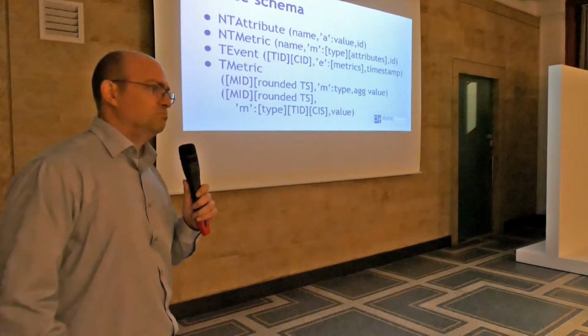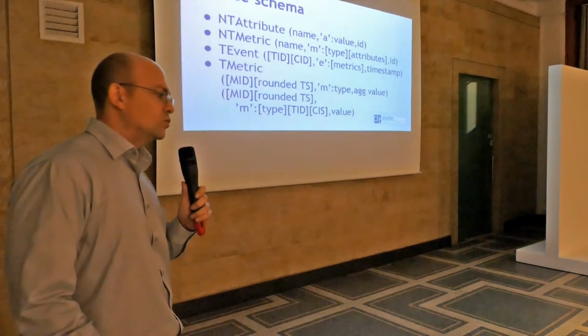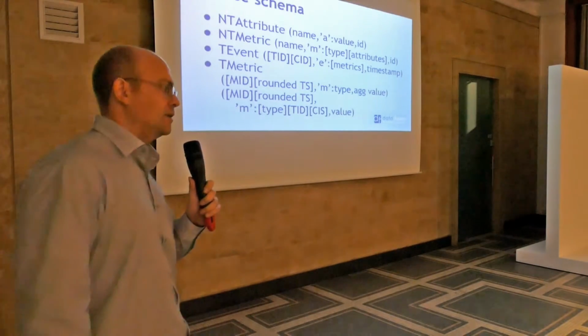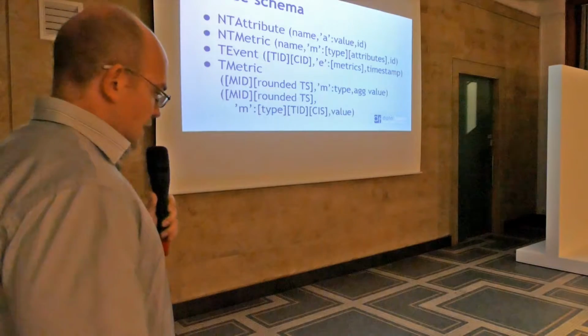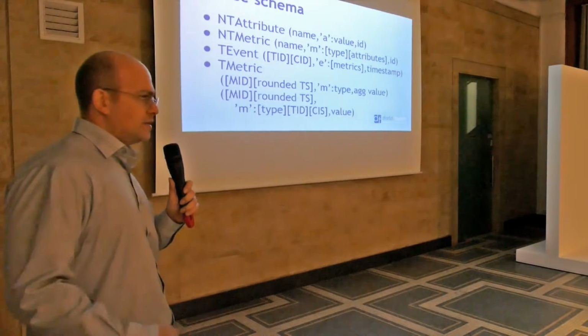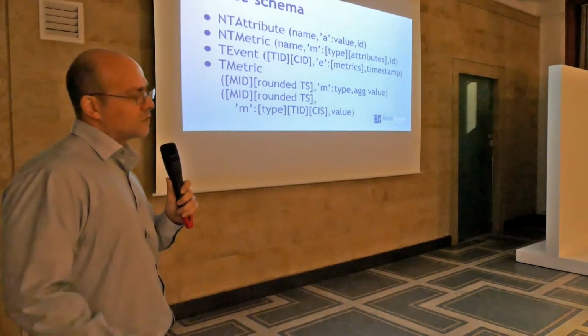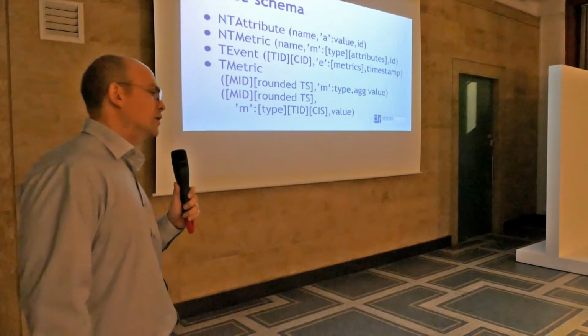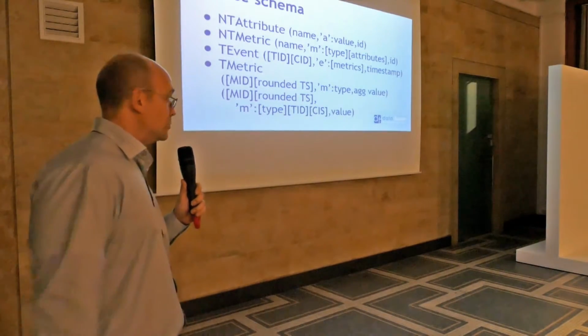So let me describe the schema. The schema is very important to the way you deal with your data in HBase. As I mentioned, in HBase you have a key, a column family, a column qualifier, and also a version.